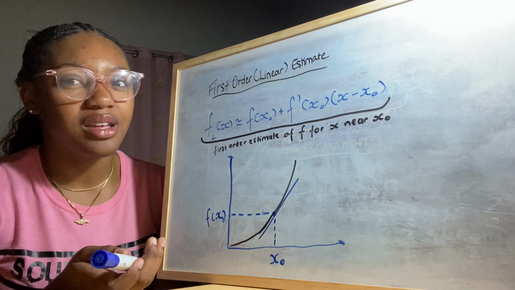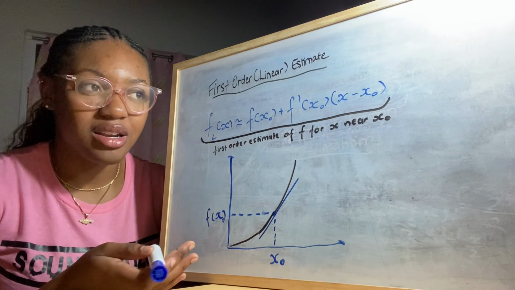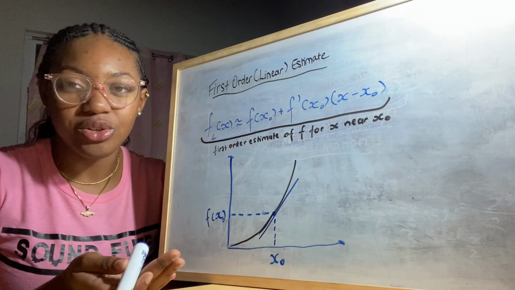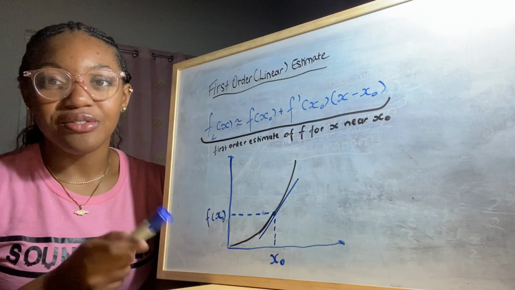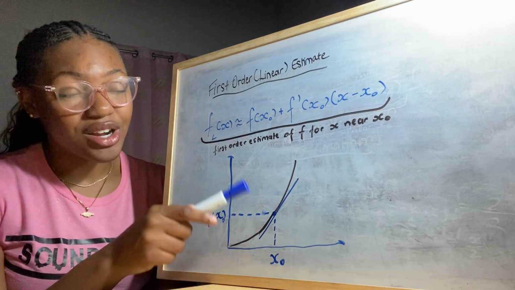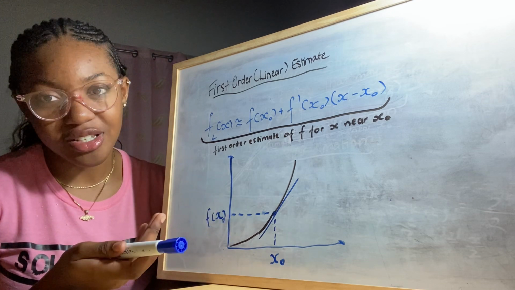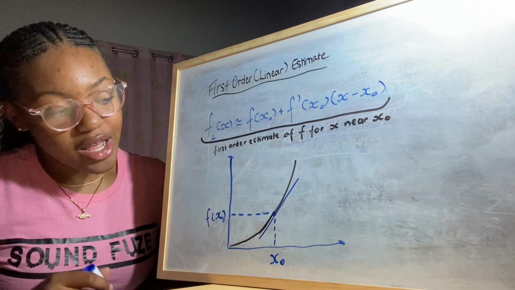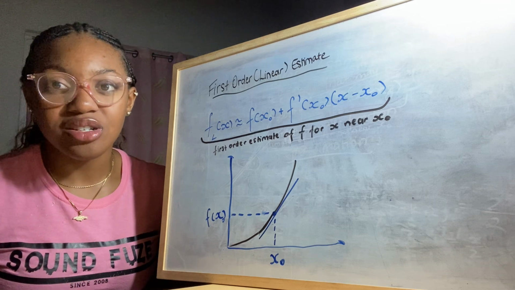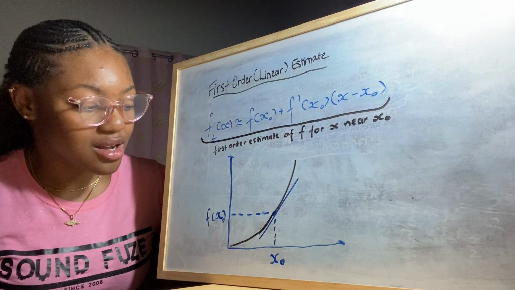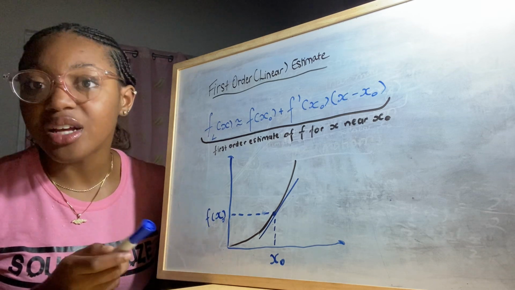You might be thinking, where do x and x naught come into play? Here we have our graph, and we have this curve, and the tangent touching the curve at one point, because it's a tangent. The point the tangent is touching the curve at is x naught and f of x naught.